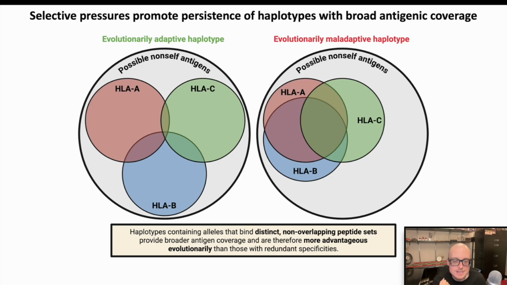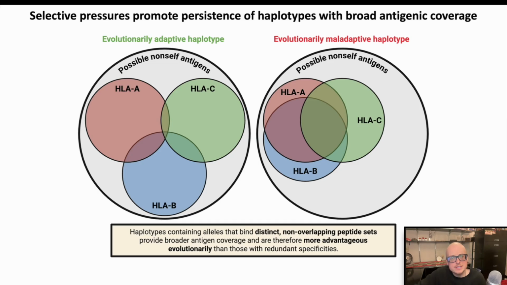If we focus on MHC class 1, just because it's a little more simple compared to MHC class 2, remember that there are 3 genes within MHC class 1, and because we're talking about a haplotype, we're only talking about a single allele for each gene. We're on a single chromosome.